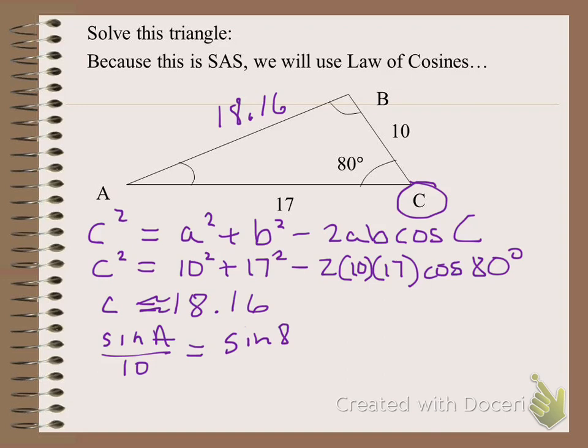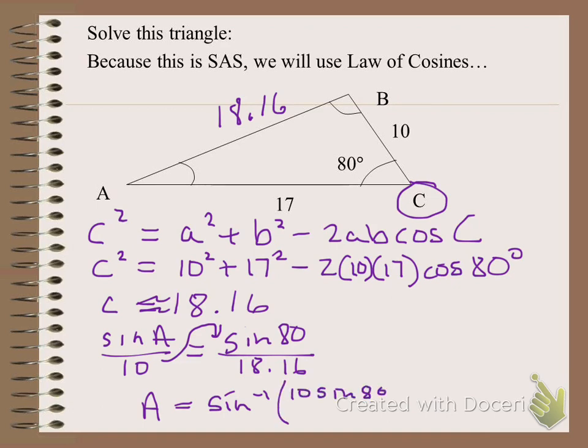The sine of A is equal to the sine of 80 over 18.16. Then here's where we're using that value, right? We're using 18.16 instead of 18.2. It's going to give us more accuracy in our final answer. That means A is equal to, 10 moves up, the inverse sine of 10 times the sine of 80 over 18.16.